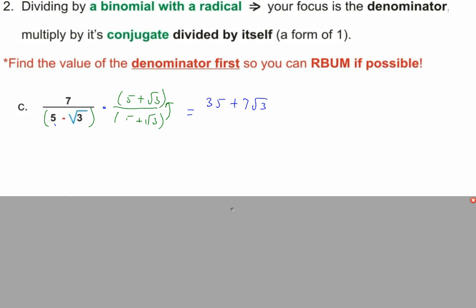So, on your first distribution, did you get 25? Okay, yes? On the second, did you get positive 5 times the square root of 3? Okay, so examples will get you there.